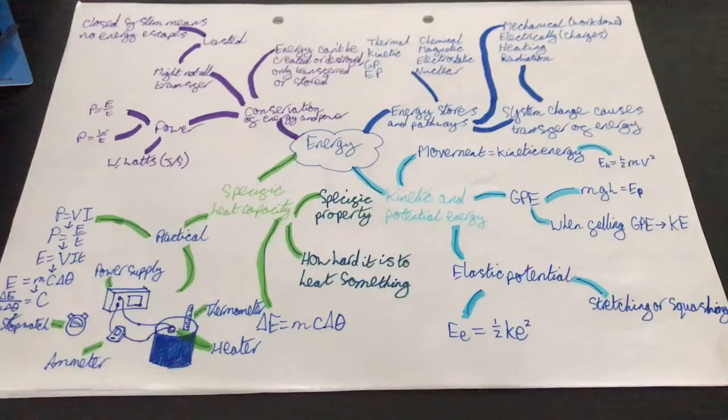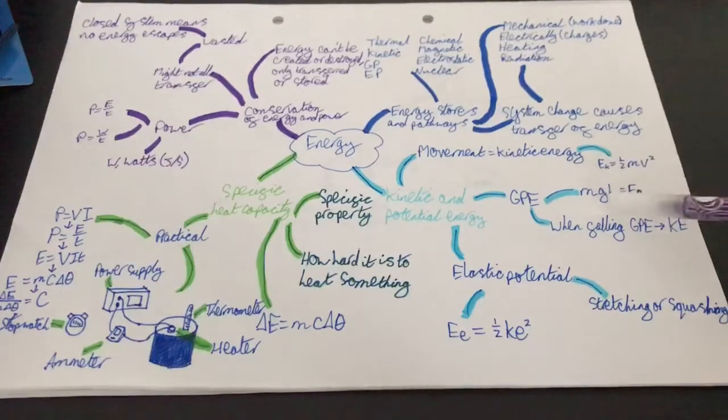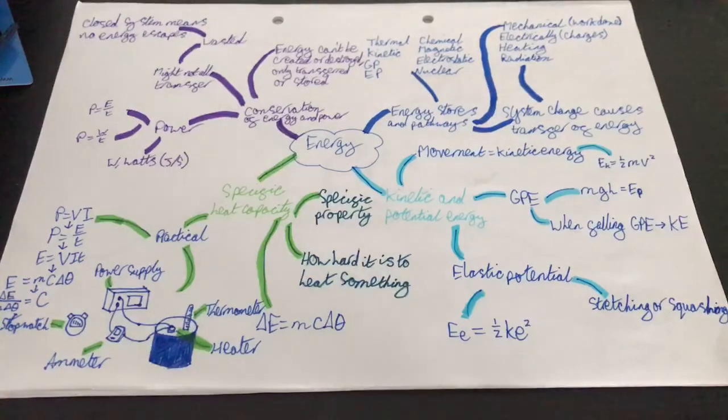There's also gravitational potential energy, which is how much energy an object has when it's lifted away from the ground. So to find that, use this formula here. M is mass, g is the gravitational field strength, which it will tell you on the exam question, but if it doesn't for some weird reason, you should always assume it to be something along the lines of 9.8 newtons per kilogram, I think it is.